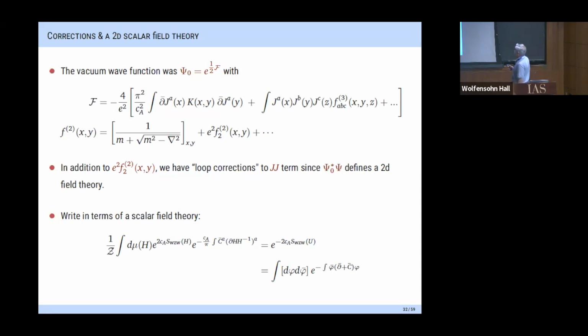And what we really need is to be able to compute efficiently expectation values involving these currents. To do that, we notice that if I take the Weismann-Witten term, this is part of your integration measure that's going to enter when you do psi star psi and you integrate. Let's say I want to compute correlation functions involving the current, which I have written as DHH inverse. So you just add it with a source term.